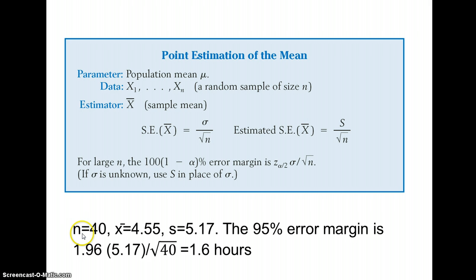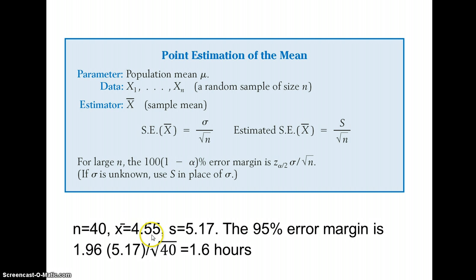So we can look at the example we talked about before. We surveyed 40 students, and we found the average number of hours of community service of these 40 students is 4.55 hours, with a standard deviation of 5.17 hours. We want to be 95% confident about the population mean.